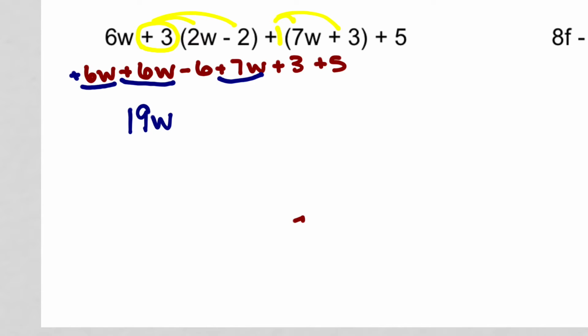And then my constants are a negative 6, a positive 3, and a positive 5. So 3 and 5 is 8. Negative 6 plus 8 is a positive 2. So my answer there is 19w plus 2.